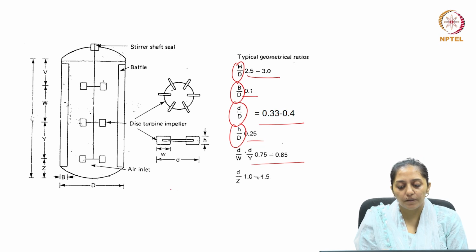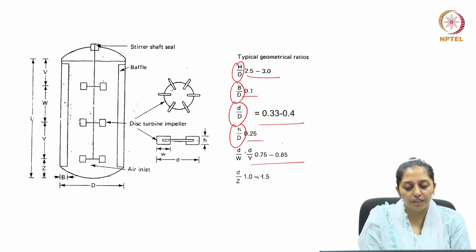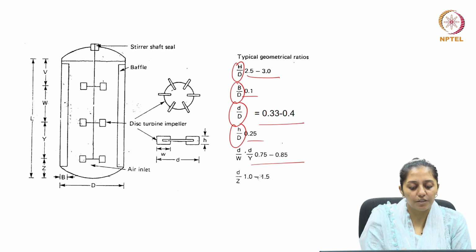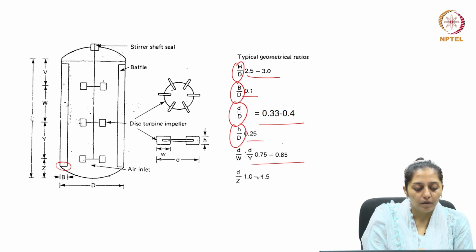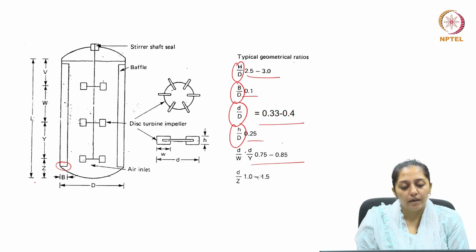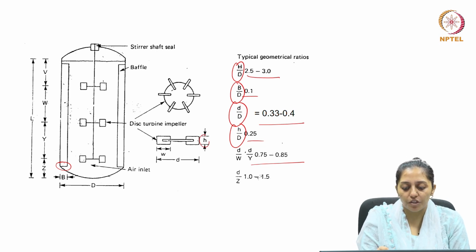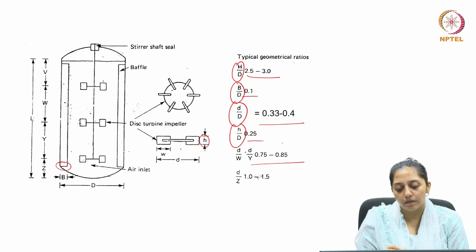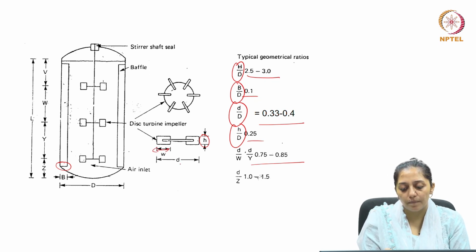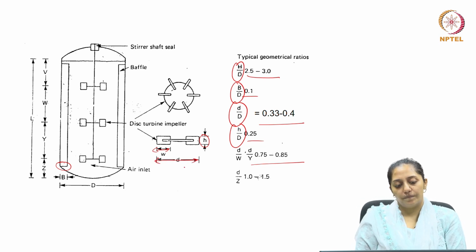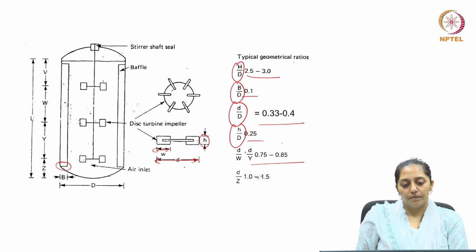In the given schematic, you can see capital D stands for the tank diameter, small b stands for the width of the baffle, L is the length or height of the reactor, small h is the height of the impeller, W is the width of the impeller and D is the diameter of the impeller. So, these linear dimensions or linear lengths have been related as constant ratios.